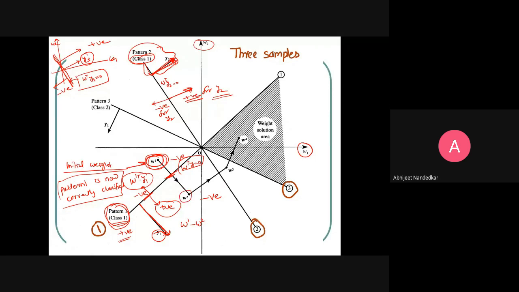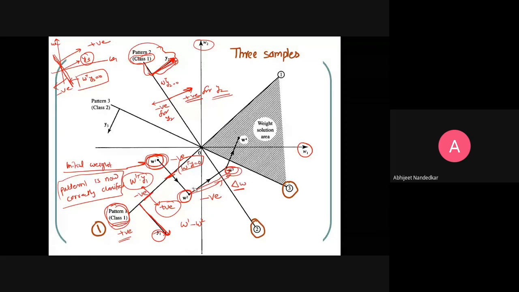So I should move this in this direction, so that it will cross this boundary and it will go here. Okay, so this will again add some value along this y2 direction, and it will move this w2 to w3.